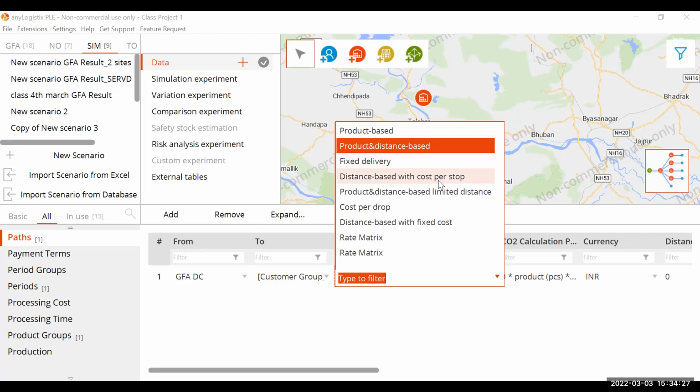Distance based with cost per stop, we will discuss when we discuss transportation optimization, and how it is different from product and distance based. Here the same truck or the same trailer will go to multiple customers. Just imagine the scenario: I have an order of 5 from Delhi, 10 from Kolkata and 5 from Chennai.